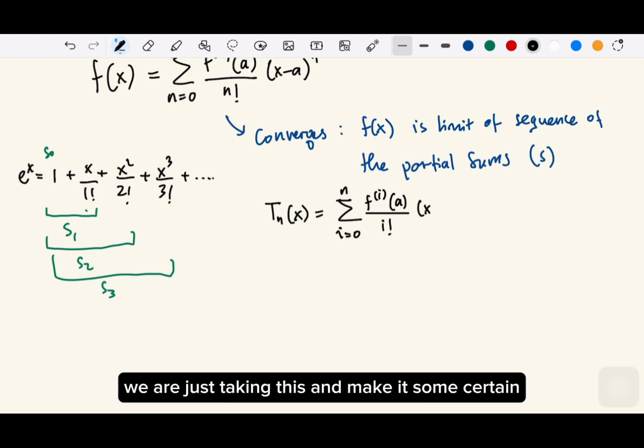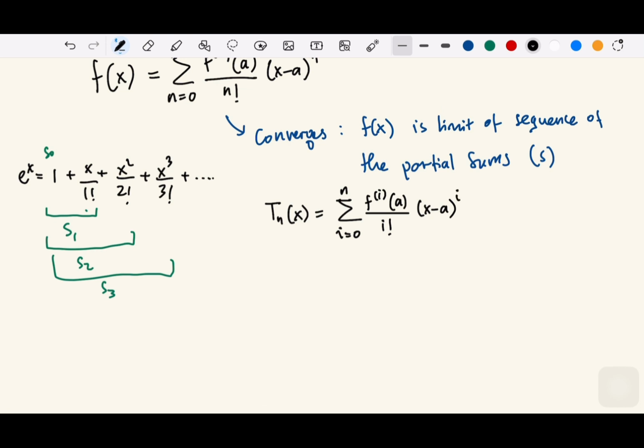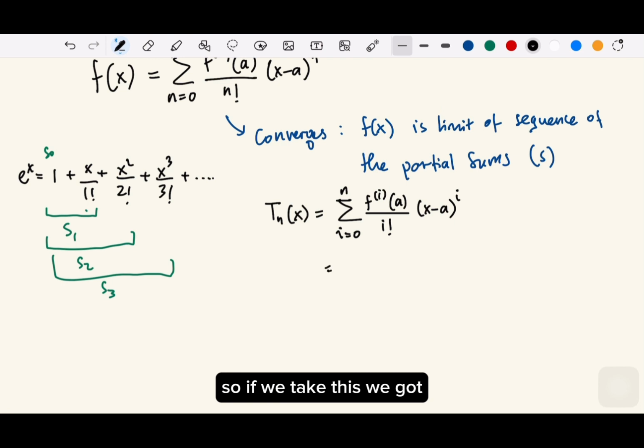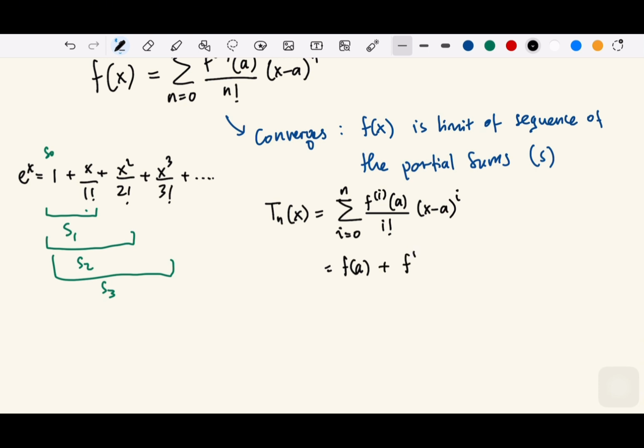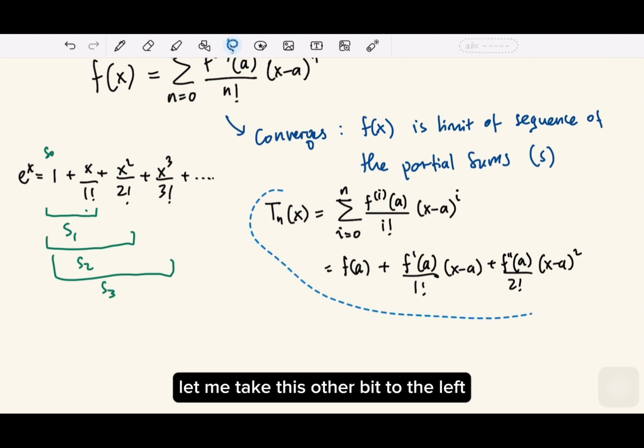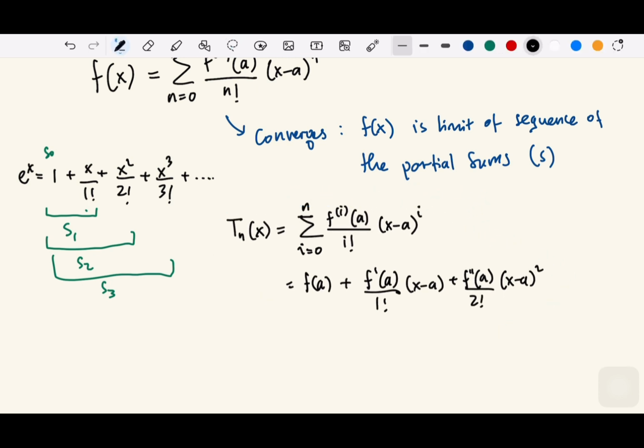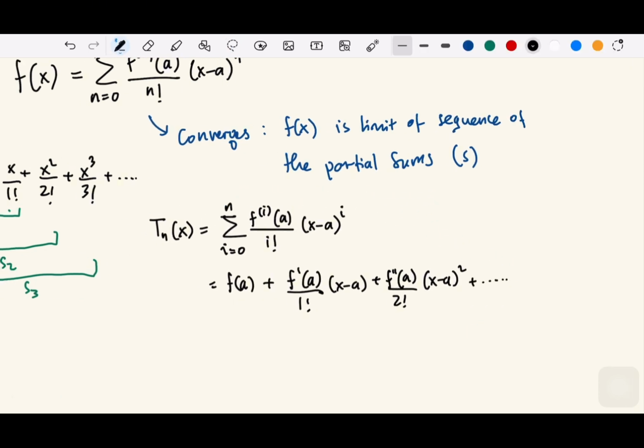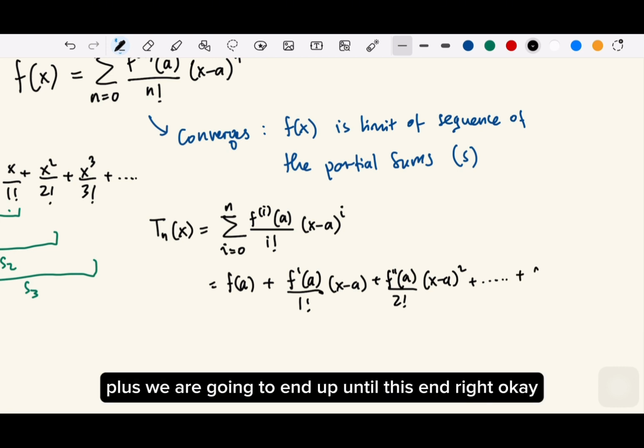We are just taking this and making it stop at a certain point. Let me take this a little to the left, and this will be dot dot dot plus, and we end up at this n.